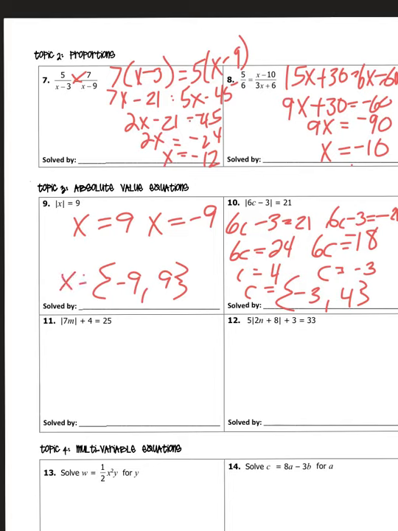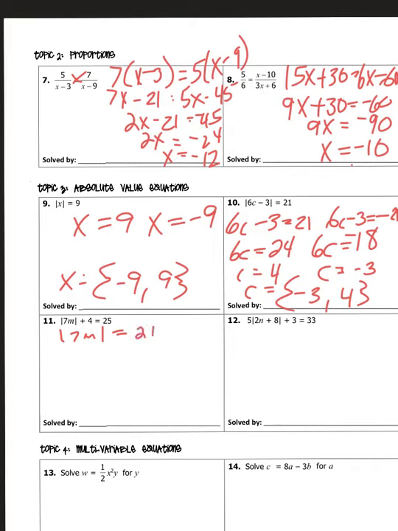Number 11. In number 11, the absolute value is not isolated yet. Before I can set these equal to the positive and negative, I have to get rid of that plus 4 that's on the same side as the absolute value. So I'm going to subtract 4 from both sides, and I get the absolute value of 7m equals 21.